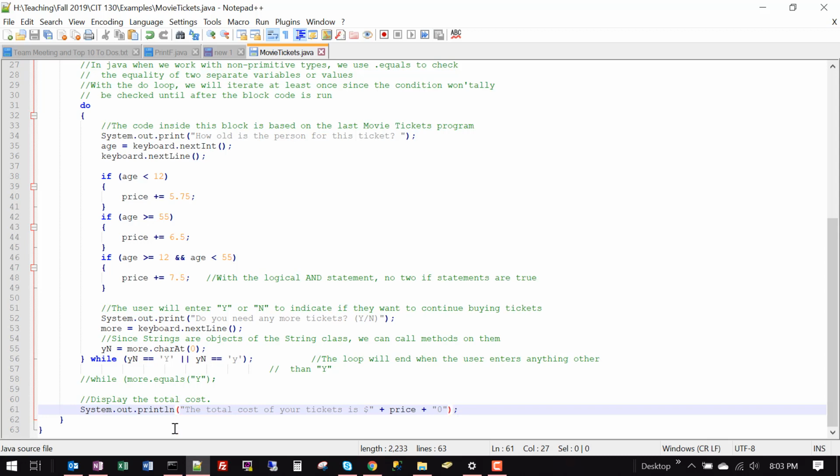There is another version of the print. We've worked with print itself, which doesn't add the carriage return. And we've worked with print line, which does add the carriage return. Now we're going to work with printf, which is a formatted print. So what I can do is I can say the total cost of your ticket is $. We're going to put in comma price. Bear with me as I delete that. And what I'm going to do here is I'm going to do %F. So this looks kind of weird.